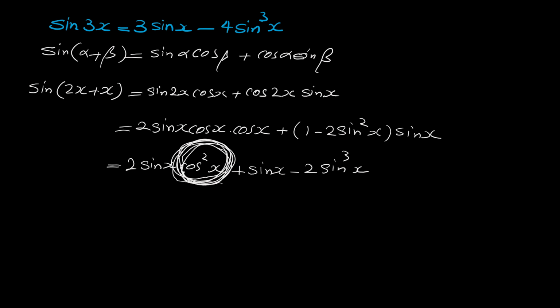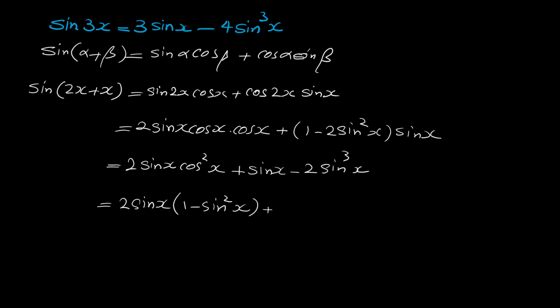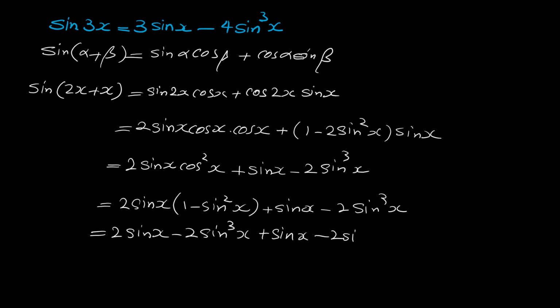Cosine squared is 1 minus sine squared from Pythagorean identities. So this equals 2 sine x times 1 minus sine squared x plus sine x minus 2 sine cubed x. If you multiply 2 sine x in the bracket, we have 2 sine x minus 2 sine cubed x plus sine x minus 2 sine cubed x.